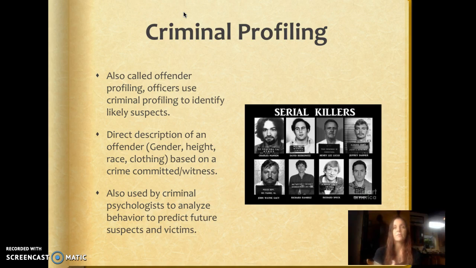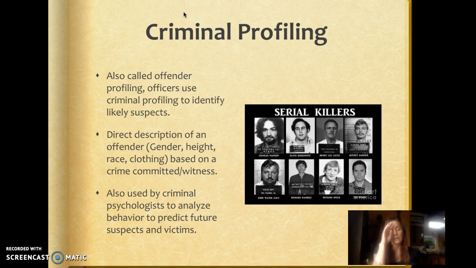This information is then given to police, and they can look out for a person who matches that description.